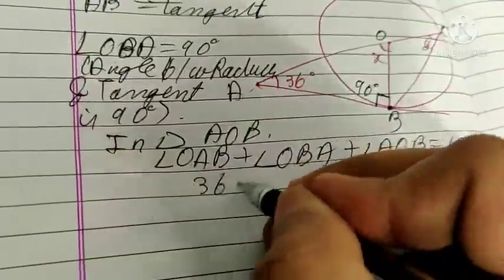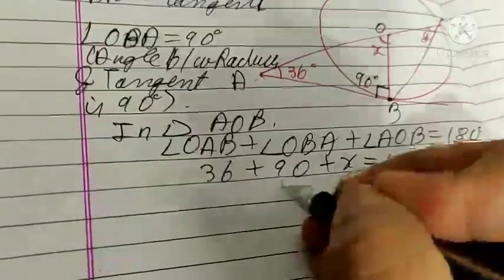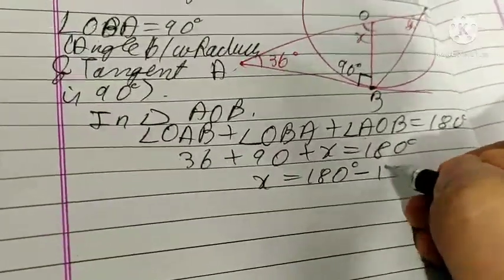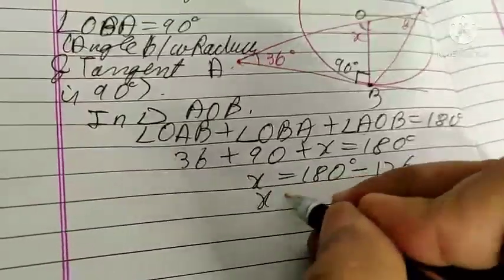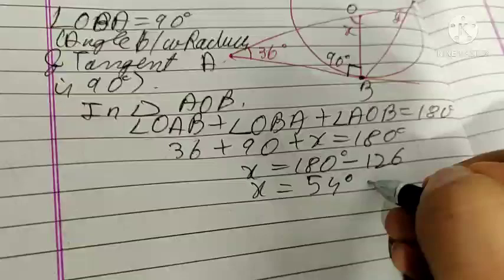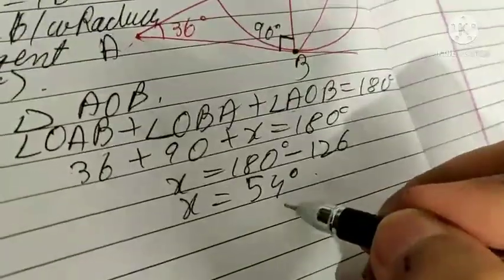So this is 36 plus 90 plus X is equal to 180 degrees. So X is equal to 180 minus 126. So X is equal to 54 degrees. So we have got the value of X here, which is 54 degrees.